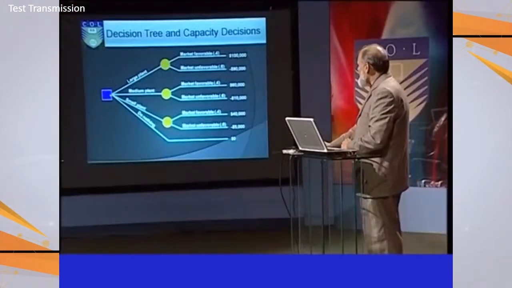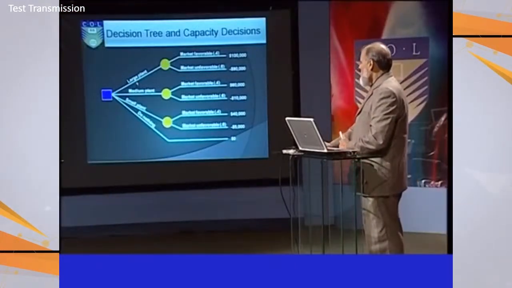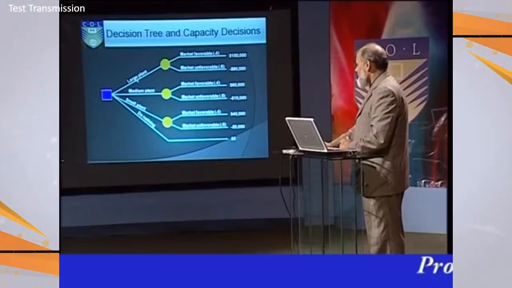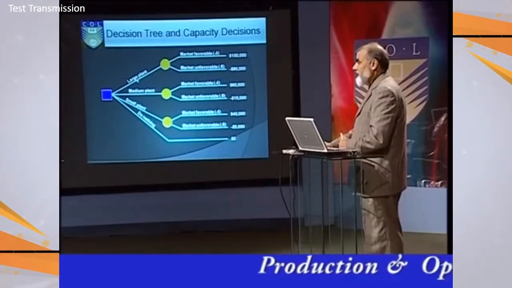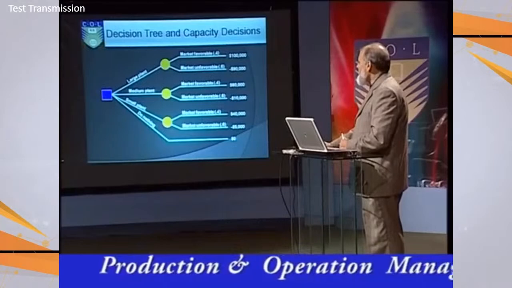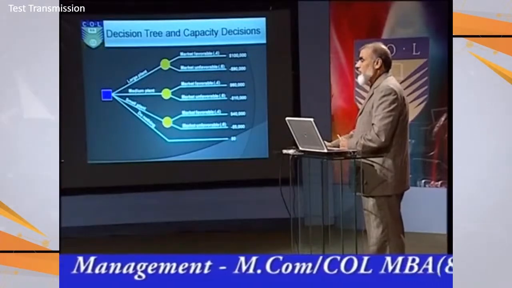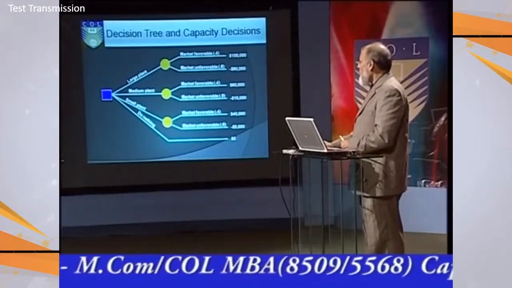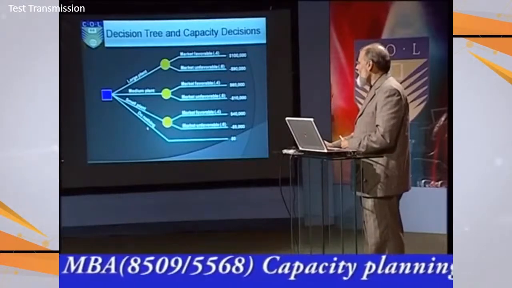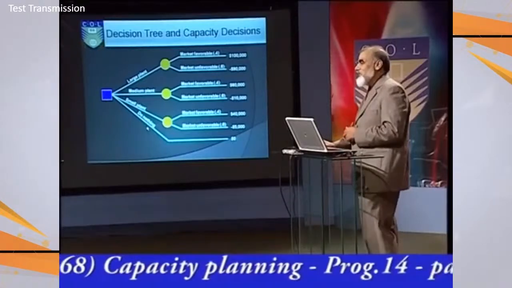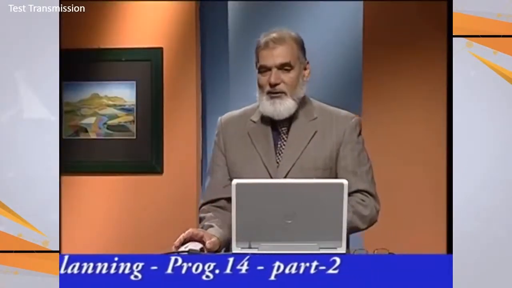Let's say you have an option for installing a larger plant, let's say 500,000 liters a day, or a medium plant of 250,000 liters a day, or a small plant with let's say 100,000 liters a day, or you have always an alternate. This is very interesting. In the analysis, we use an option, do nothing.